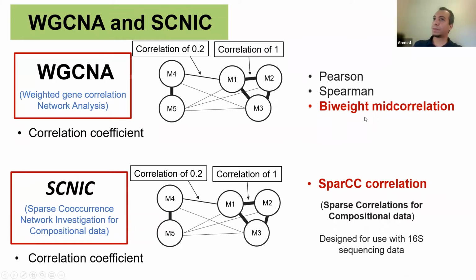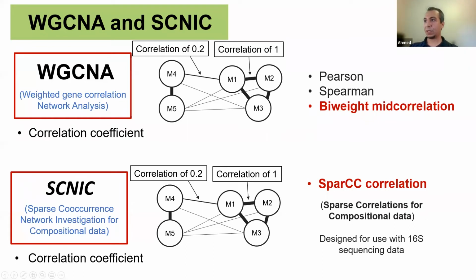Now, SPARCC goes with a totally different approach, and this is a whole line of research that is based on the idea that if we are having compositional data, then most probably none of these methods are the optimal method to look at the correlation between the relative abundances of your different taxa. So SPARCC here stands for sparse correlations for compositional data.